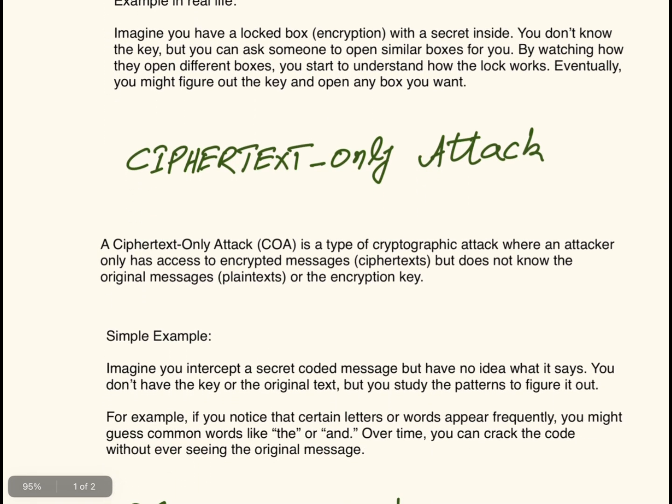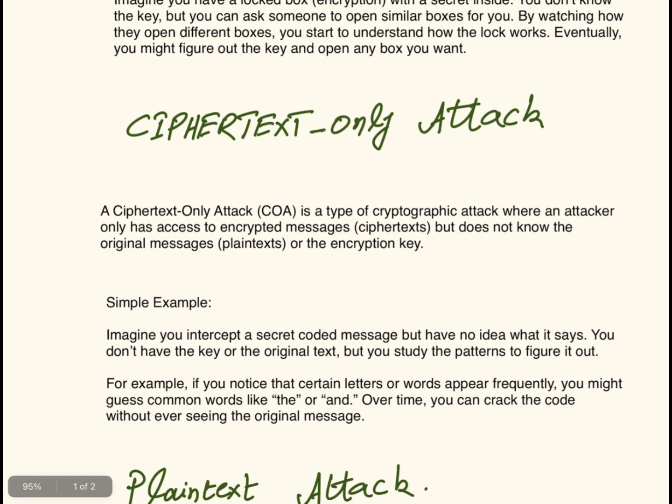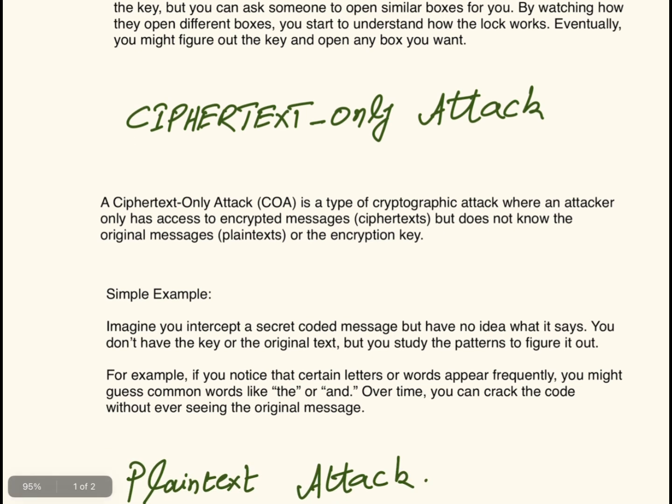Okay, another attack is the ciphertext only attack. In this attack, the attacker only has ciphertext, no plain text, and another important point is there is no access to the decryption system. The attacker does not have access to any system which could help to decrypt the message.